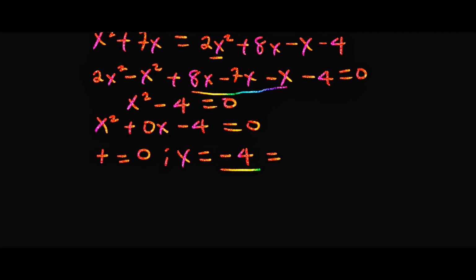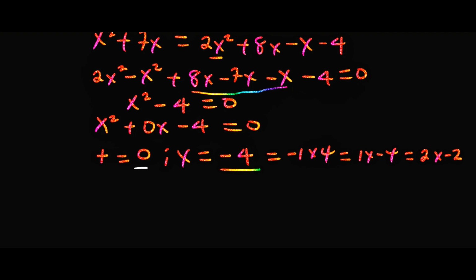That could be negative 1 times 4. It could be 1 times negative 4. It could be 2 times negative 2. Amongst these, we look for the ones that can give a sum of 0.